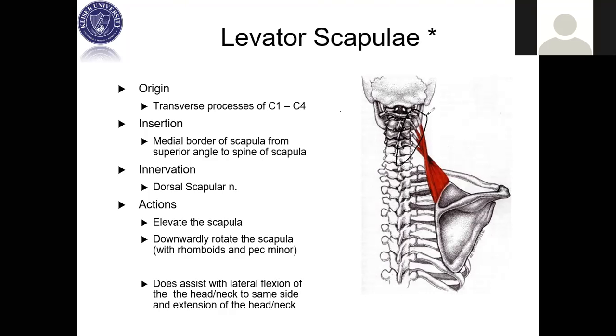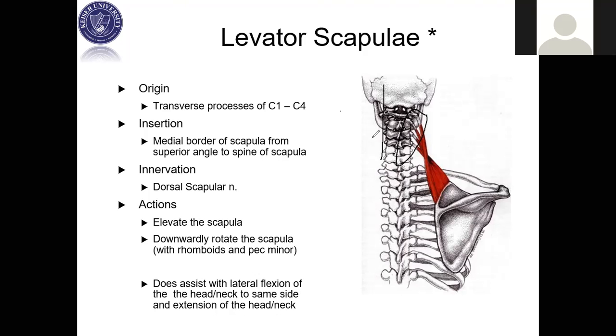Remember, those transverse processes of the cervical vertebra are the only ones that have transverse foramen in them, because those nerves and blood vessels go up into the brain. So they need that area, they need the stability of those transverse foramen.